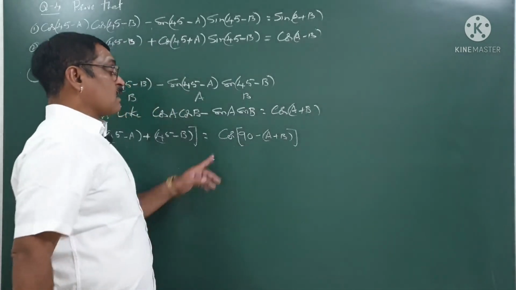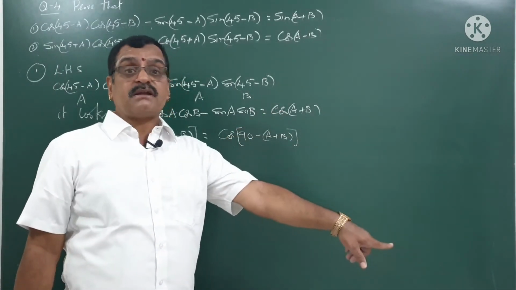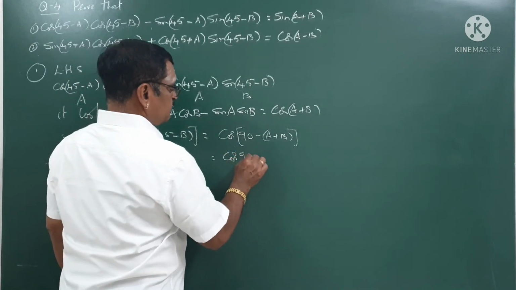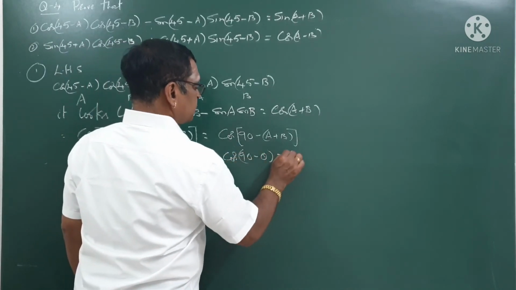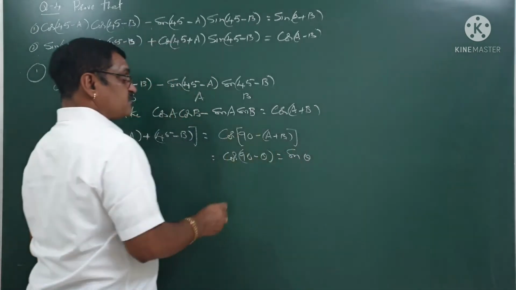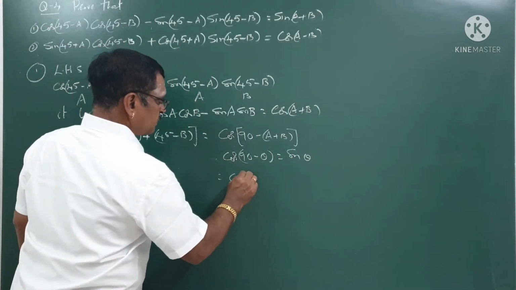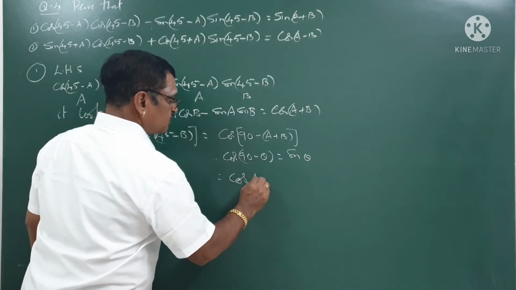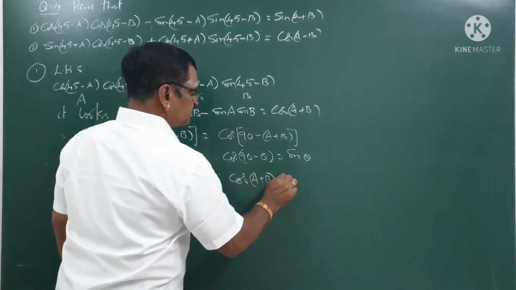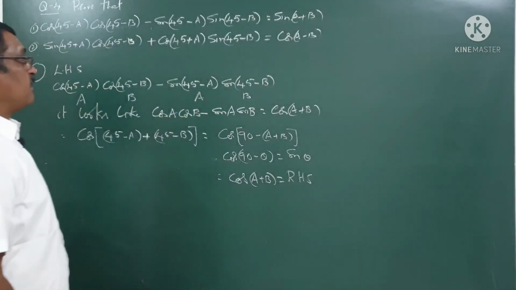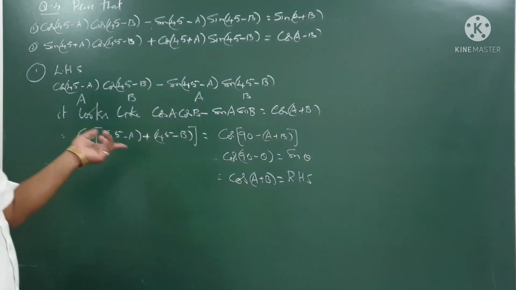Now this is again cos of 90 minus theta form, and you know cos of 90 minus theta is equal to sin theta. Here theta is a plus b, so we get sin of a plus b. Oh, we got the answer, right hand side. Yeah, proved. Similarly, you can prove the second one.